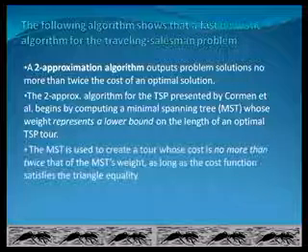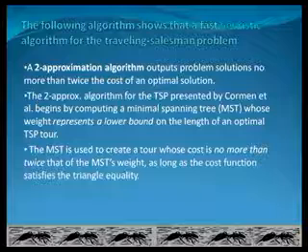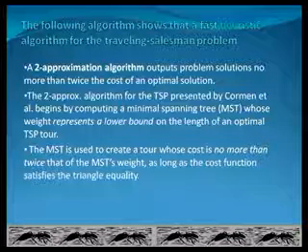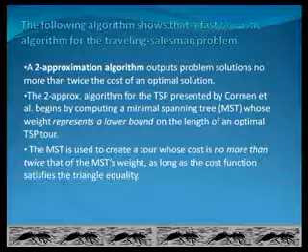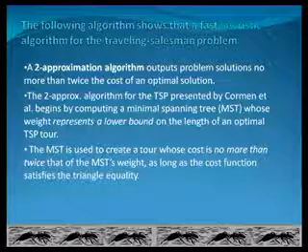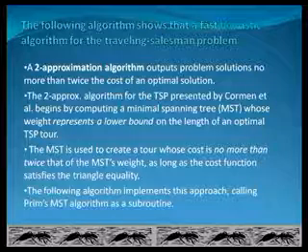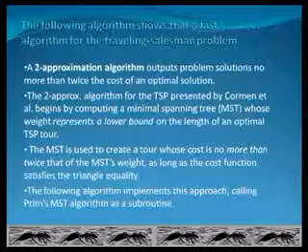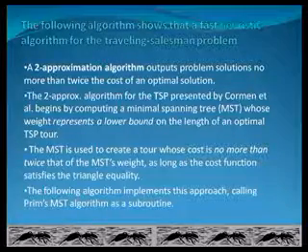The minimum spanning tree is used to create a tour whose cost is no more than twice that of the minimum spanning tree's weight, as long as the cost function satisfies the triangle inequality. The following algorithm implements this approach, calling Prim's minimum spanning tree algorithm as a subroutine.